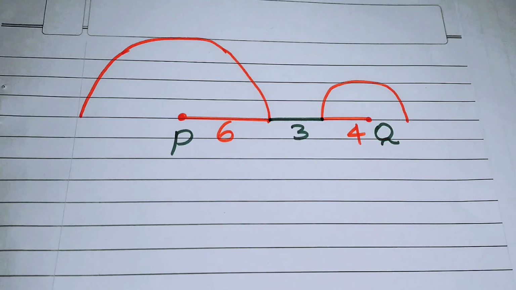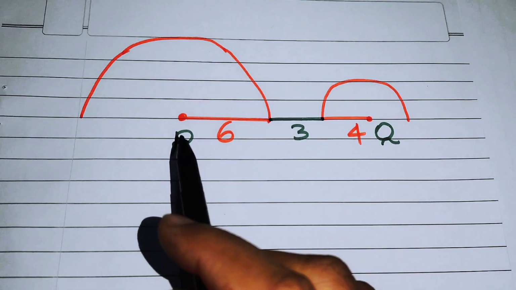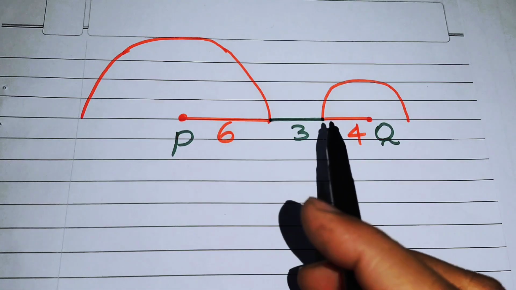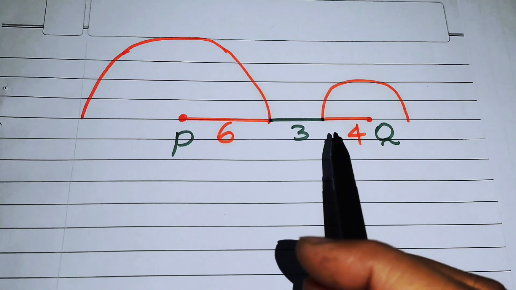In this video we are going to solve this nice math Olympiad geometric challenge, and here we have two semicircles. The radius of the larger semicircle is 6 and the radius of the smaller semicircle is 4.